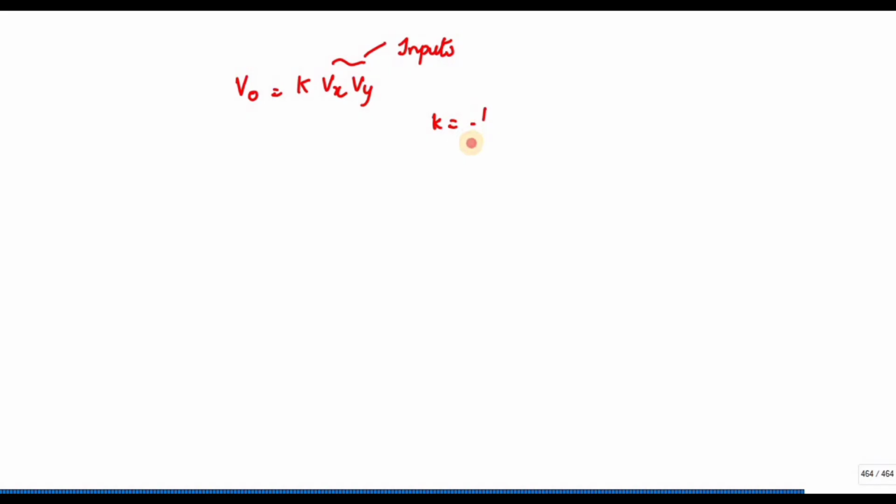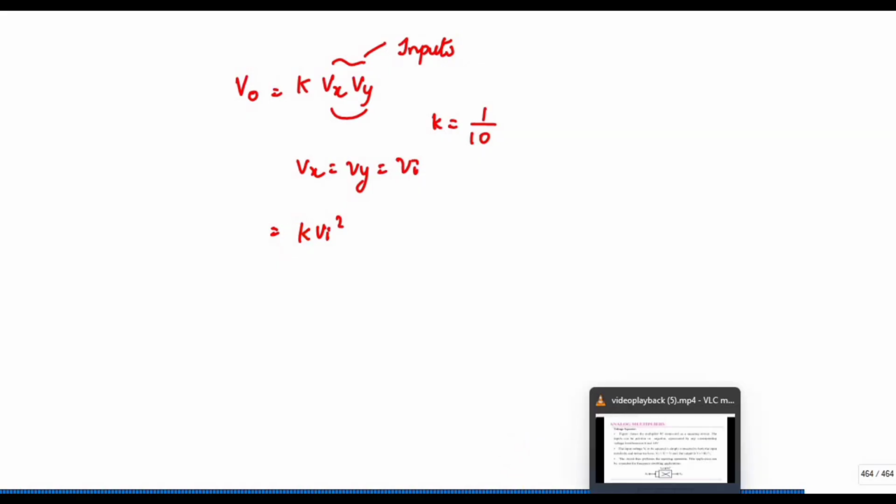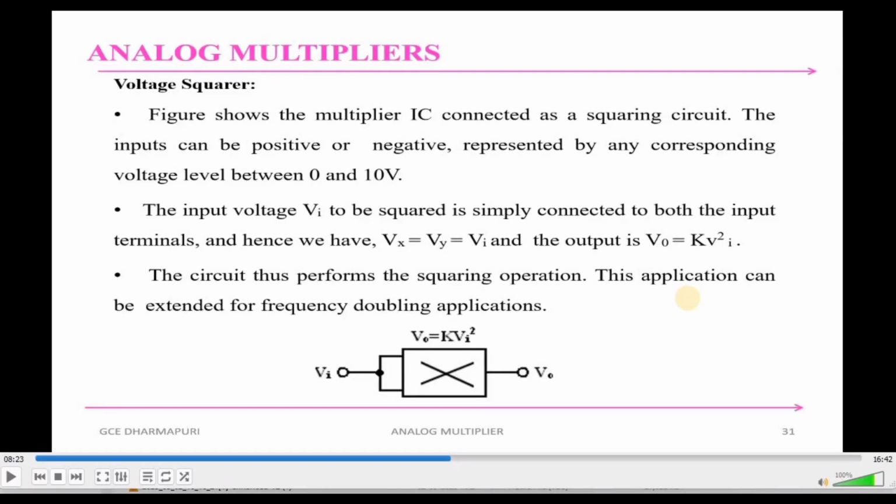And the K value is equal to 1 divided by 10. So if both Vx and Vy are equal to Vi, I will get K into Vi square. This is nothing but a voltage squarer.